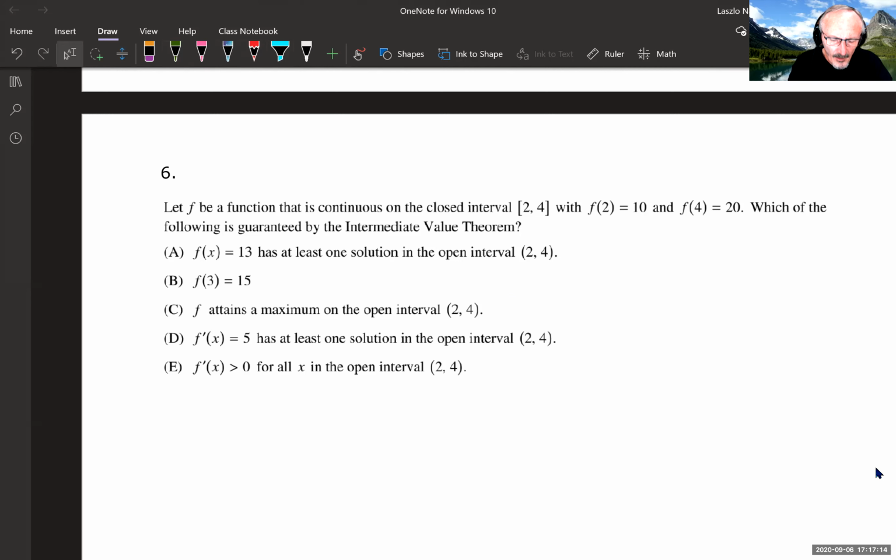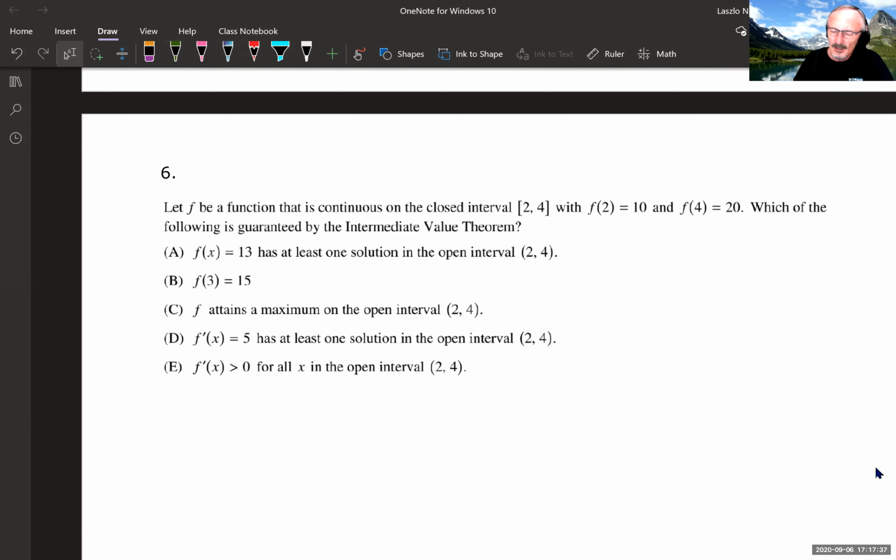Let f be a function that is continuous on the closed interval 2 to 4 with f of 2 equals 10 and f of 4 equals 20. By the way, it is not unusual for them to give you all the necessary conditions, with maybe one or two little tidbits. Which of the following is guaranteed by the intermediate value theorem?